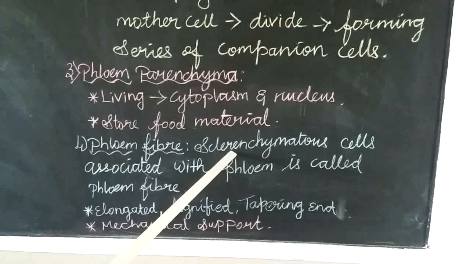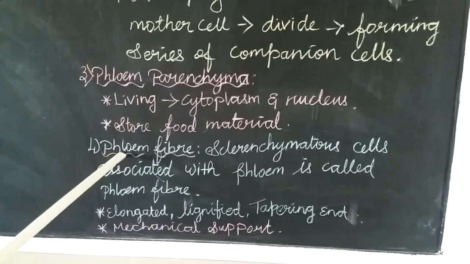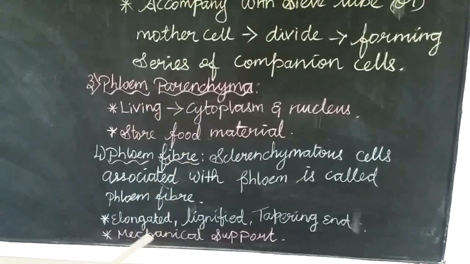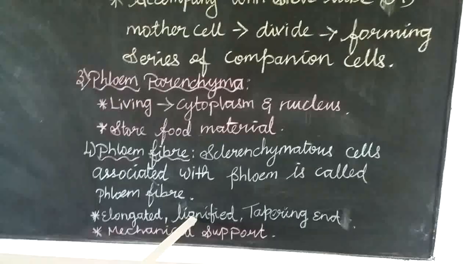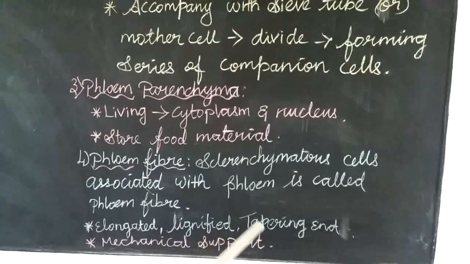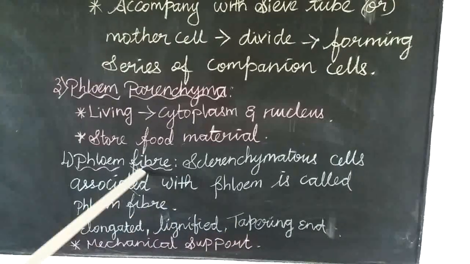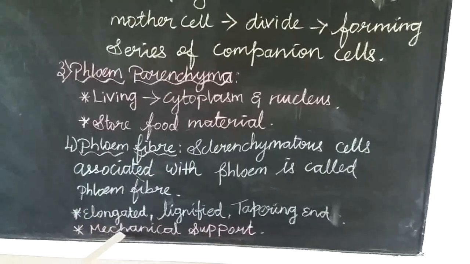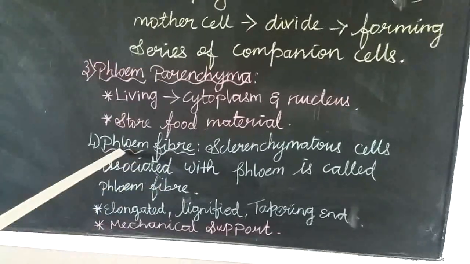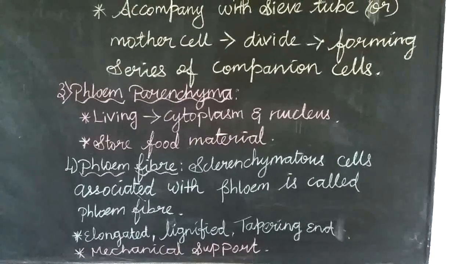So fiber associated with the phloem is called phloem fiber. It is also elongated, lignified. The cell wall has lignin and a tapering, sharp end. What is the function of phloem fiber? It gives mechanical support to the plant.